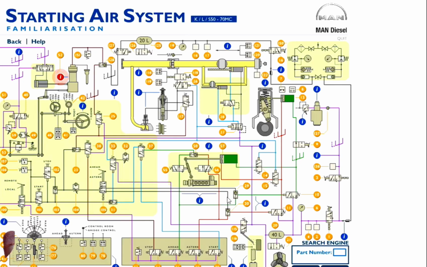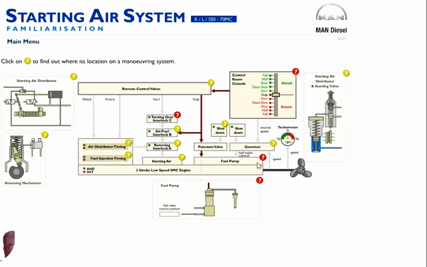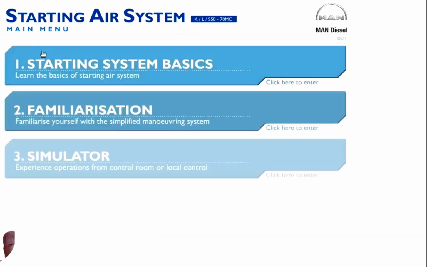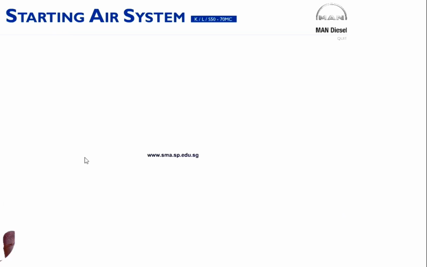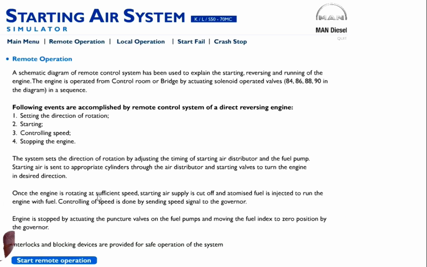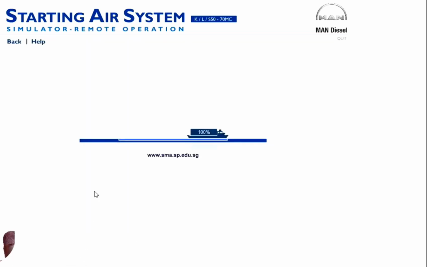As you can see there are a lot of parts: pneumatic valves, actuators, pistons. We'll go to the main menu, where we can see a simulator, which will be operating in remote operation here.